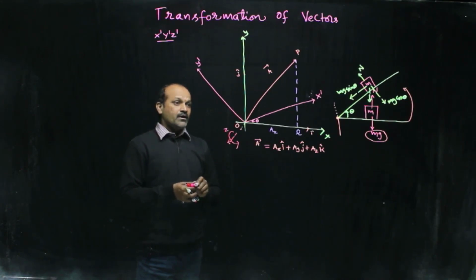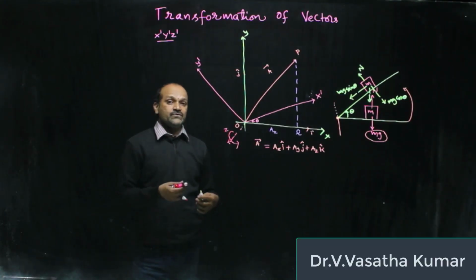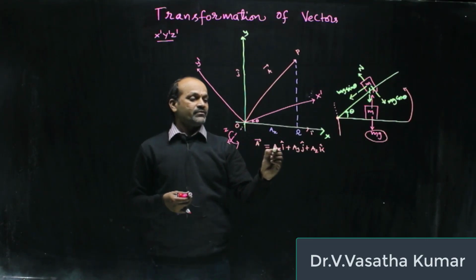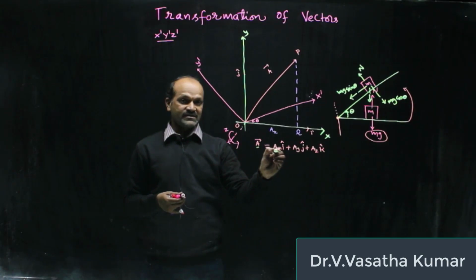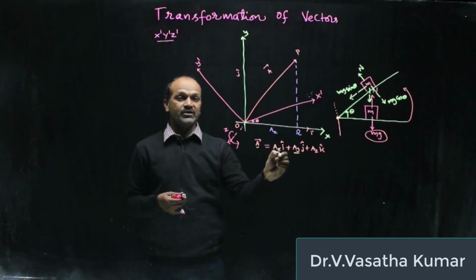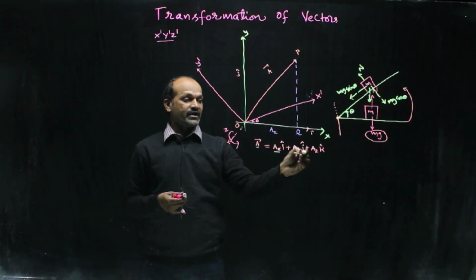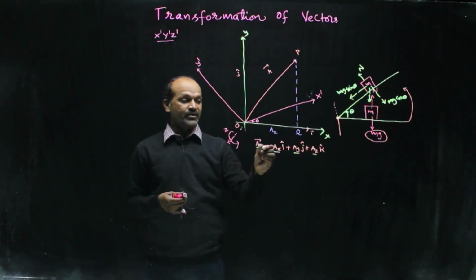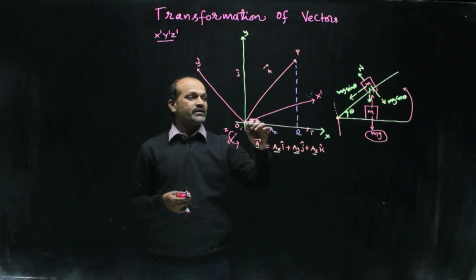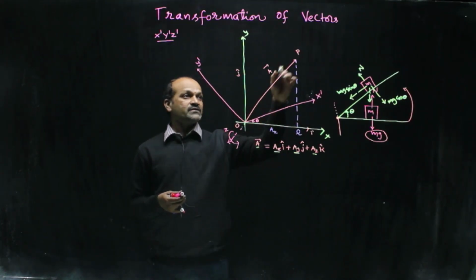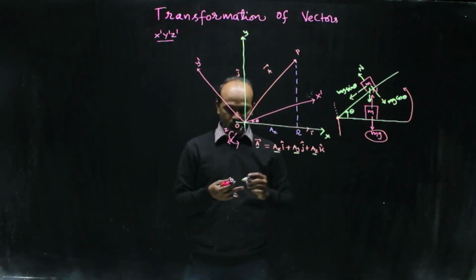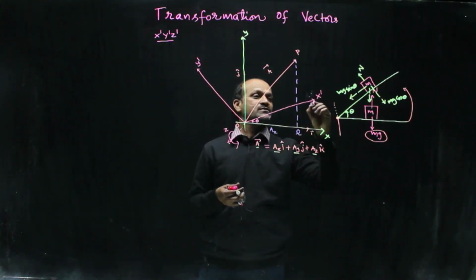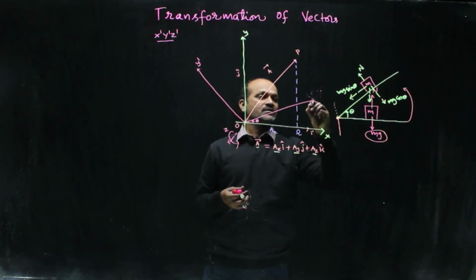Clear? Now, if Ax is the component of a bar on the x axis, Ay is the component on the y axis, and Az is the component on the z axis, similarly x dash must also have the components of a bar. I am not changing the vector, it is there. To get that, we will extend x dash a little more.